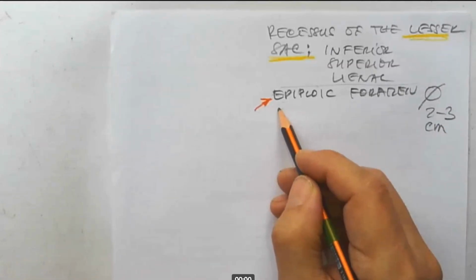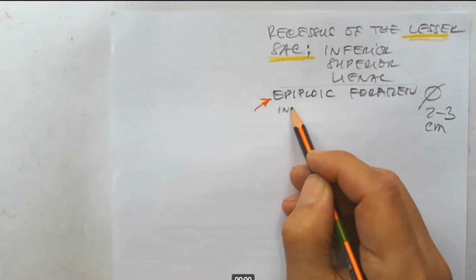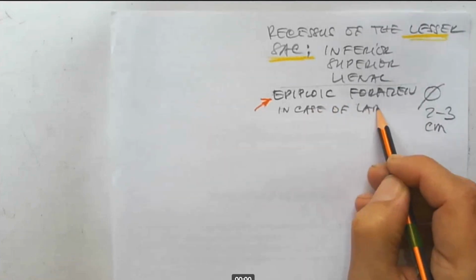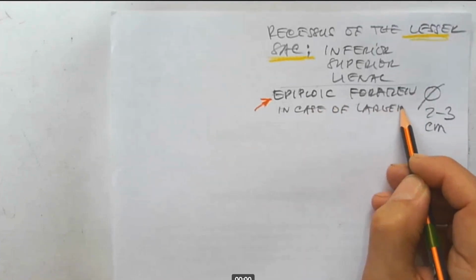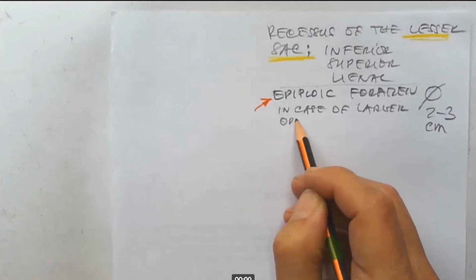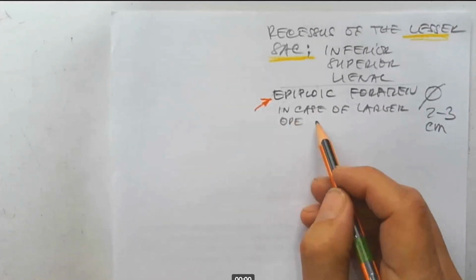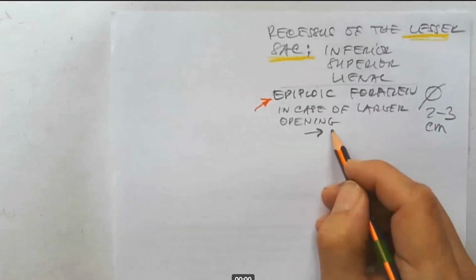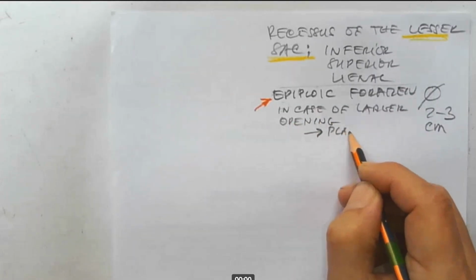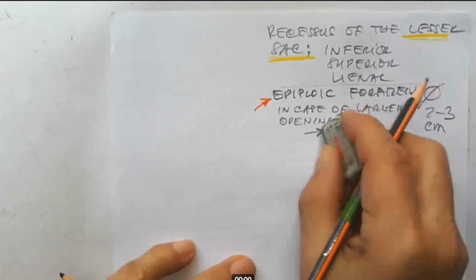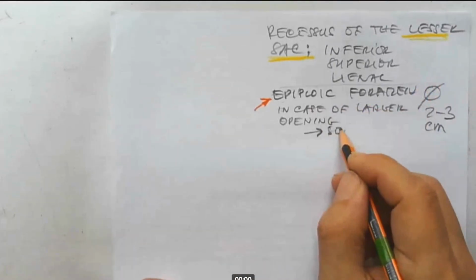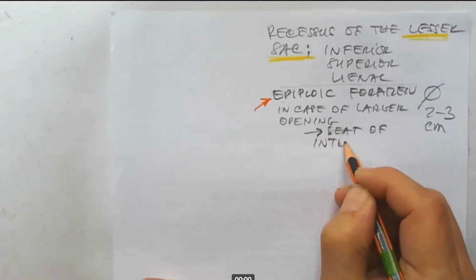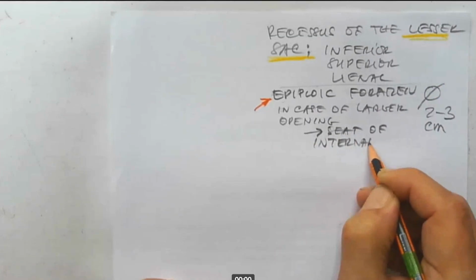But I would say in case of a larger opening, this could be developmentally based. In case of a larger opening, it could be the seat of internal hernia. This is one thing.